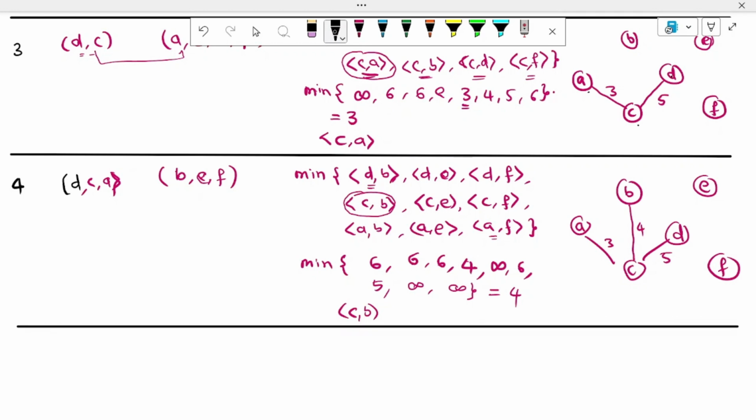In the next step, that is step 5, here you are going to write which all you have visited. Sorry, it is D, C, A, and here I visited again B. And then the remaining two are E, comma F, right?